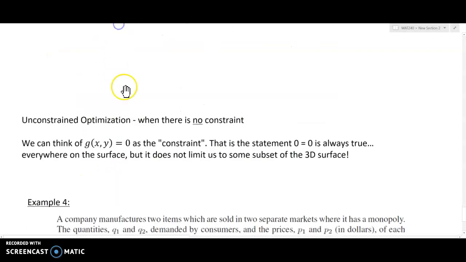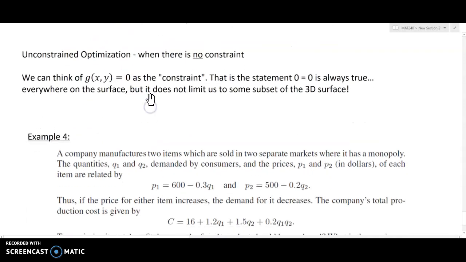Finally, we want to take a look at situations where there is no constraint, or unconstrained optimization. We can think of this as our constraint function being equal to 0, because after all, if g of xy equals c is the constraint, and we let g of xy be 0, then 0 equals 0 is always a true statement. And that doesn't require any limitations on our curve.